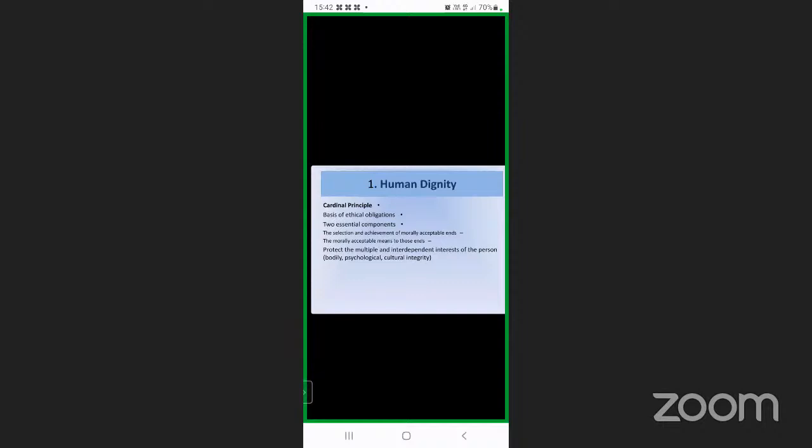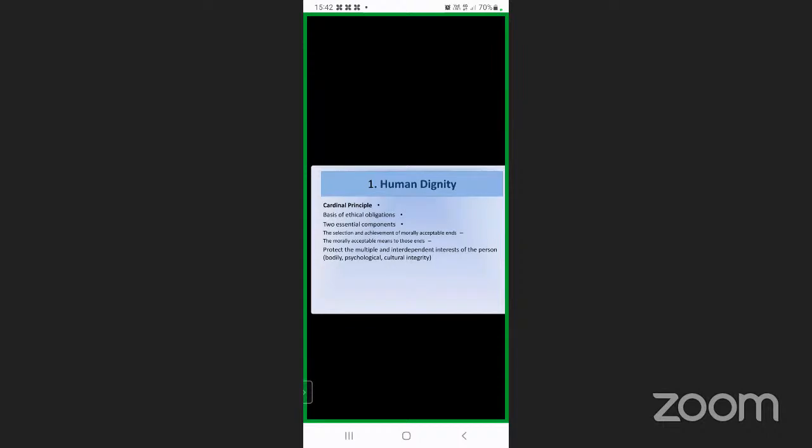Here the cardinal principle is there. If we see these cardinal principles, they are the basis of ethical obligation. There are many obligations, but here we are focusing on ethical obligation.